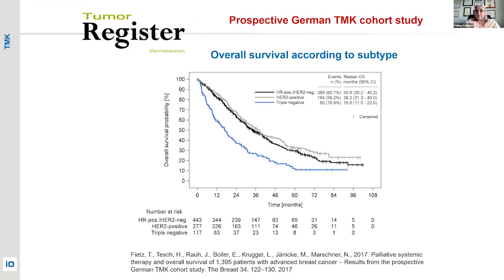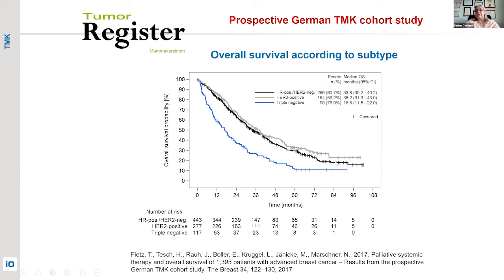So in summary, for this subtype of breast cancer, these anti-HER2 treatments were able to transform this subtype that was one of the most aggressive into a subtype that has the best long-term outcome, the best survival. So you see that it is the gray curve. It used to be close to the blue curve, and now it is close to the black curve.